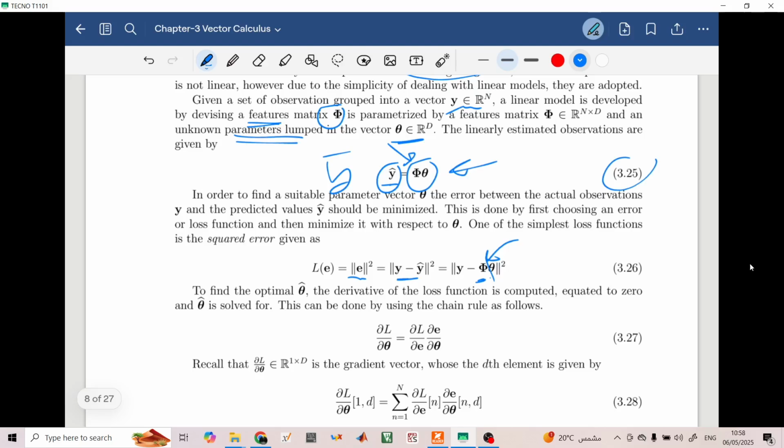How would you do that? We know from basic calculus that we can find the extreme values, which might be minimum values or maximum values, by taking the derivative of the function and setting it to 0.